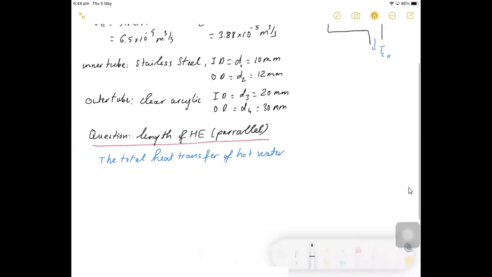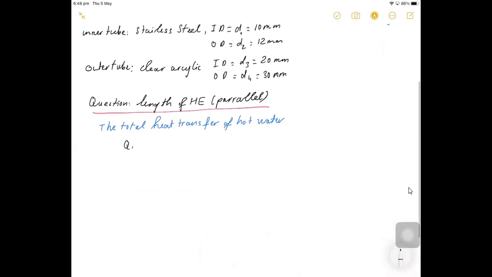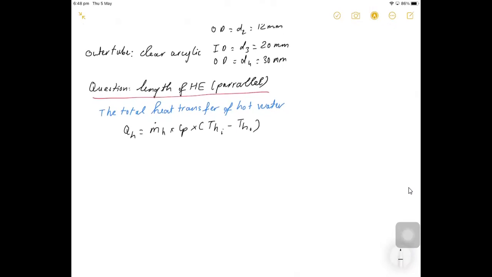The total heat transfer of the hot water, QS, equals mass flow rate MS times CP times delta T, T hot water in minus T hot water out. The mass flow rate equals density times volumetric flow rate.